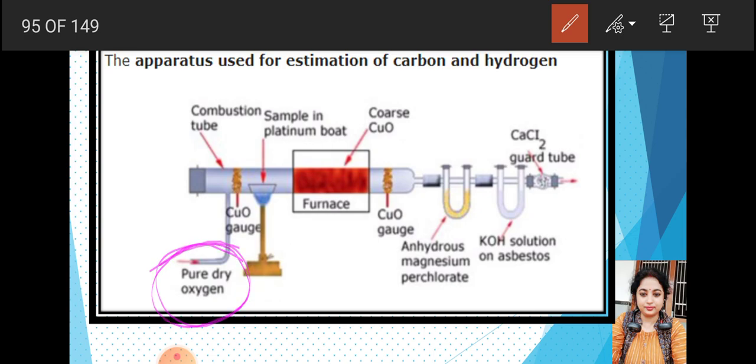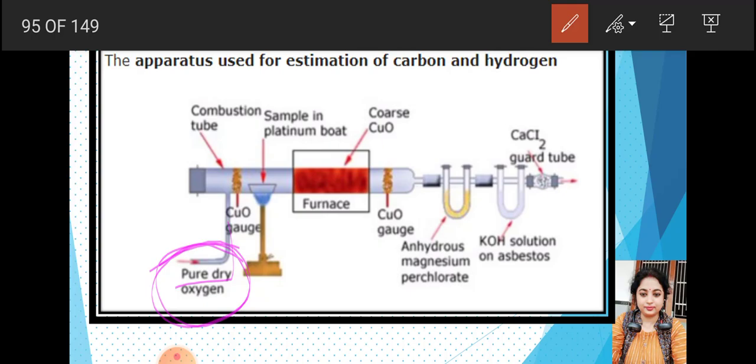If the oxygen has moisture, it will be absorbed by the sulfuric acid, and if it contains carbon dioxide, that will be removed by the potassium hydroxide. So free oxygen will now be supplied to the combustion tube.